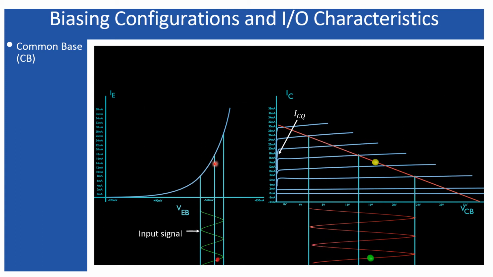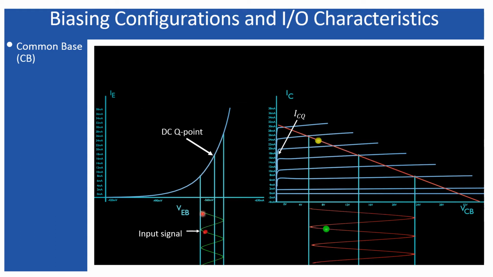That is why I would refer to this line as the external or DC load line, and the intersection of the DC load line with the input characteristics I would refer to as the DC Q point, and all other points are due to the sinusoidal signal.